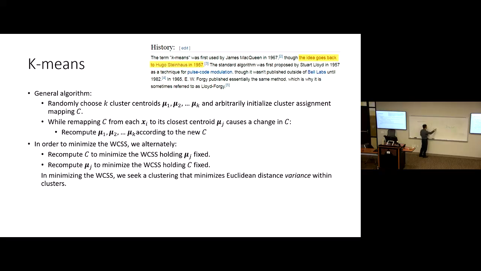If it's close to C3, I will temporarily assign xi to belong to this, because they are close to each other. The closest center, and move that there, belongs to that. I will do the same thing, and then the first round of assignment happens.